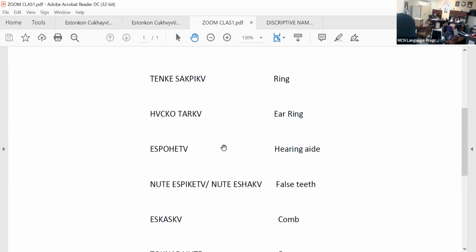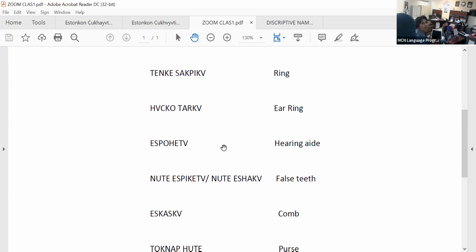These things will come and I will make sentences with this as we go along. But remember, we did the 5 senses, and this has a lot to do with those 5 senses. There's some words in here with the 5 senses, like the hachko. Remember, you hear with it.